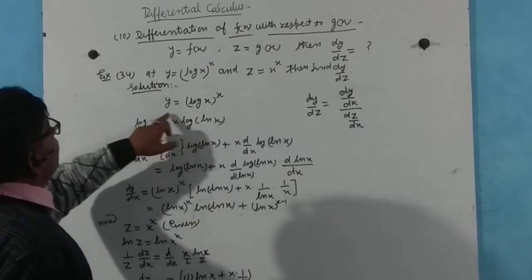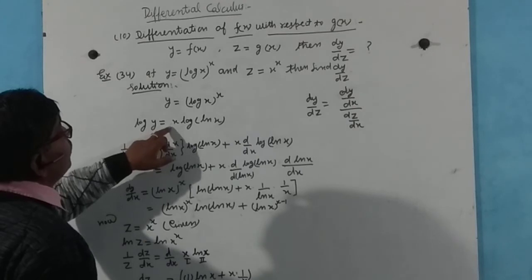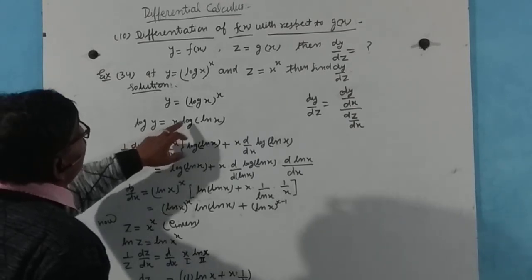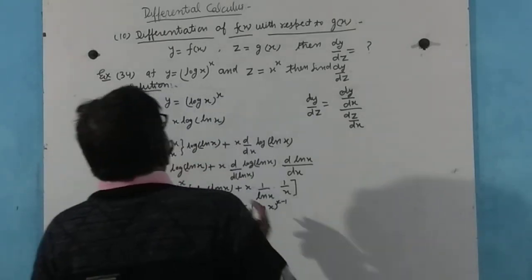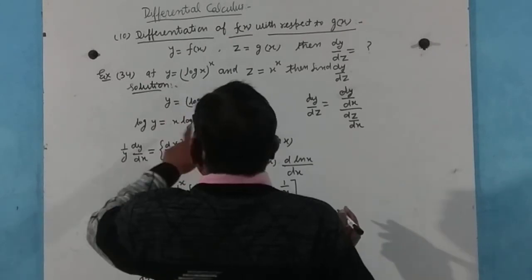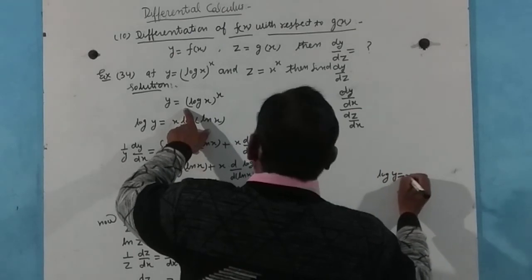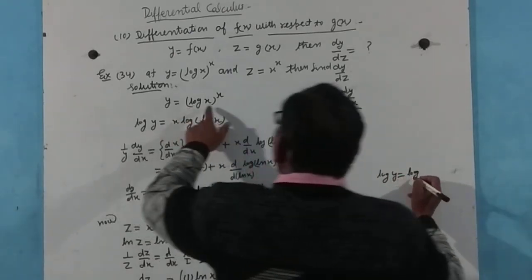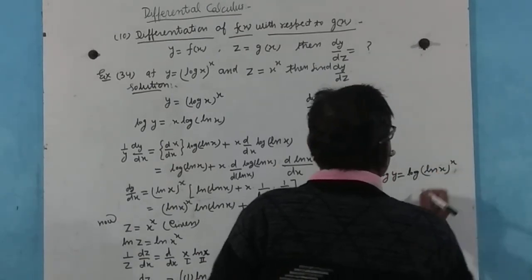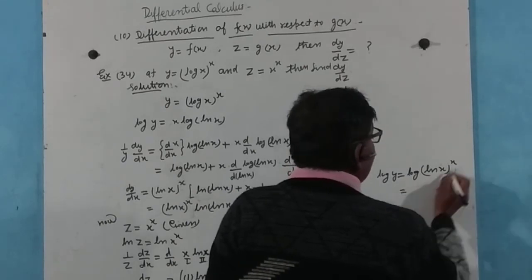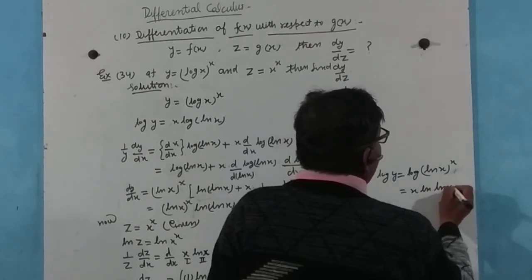Taking log both sides, log y equals log of (log x) to the power x, and it can be written as x log of log x.